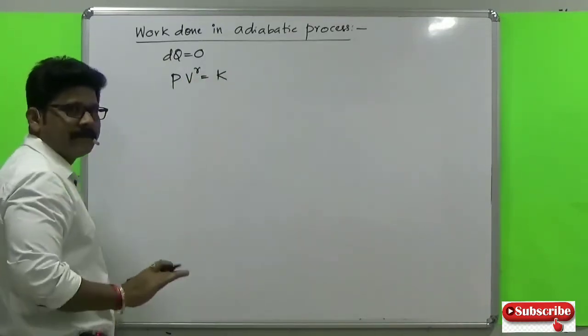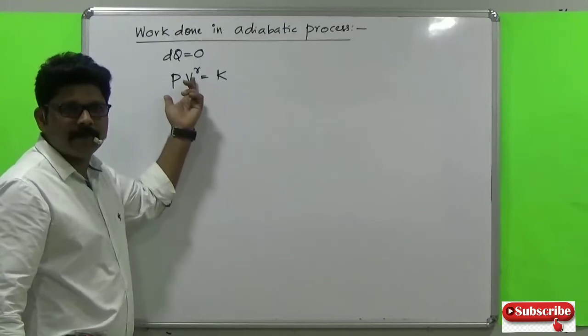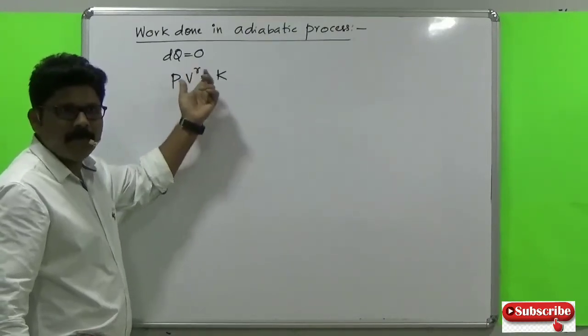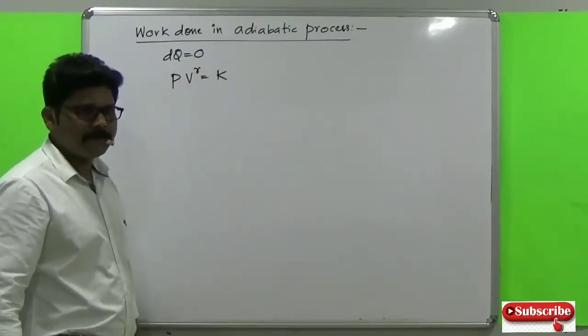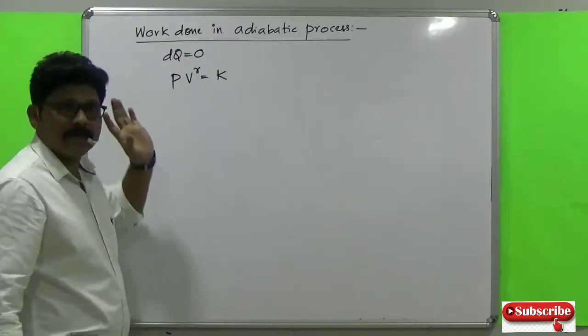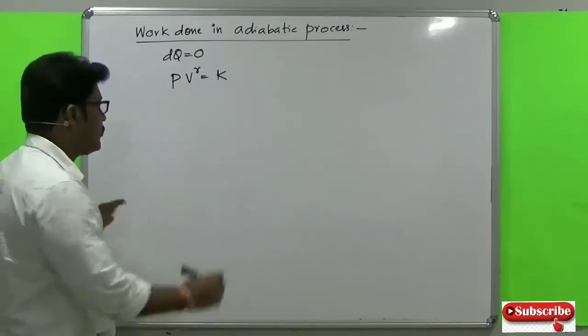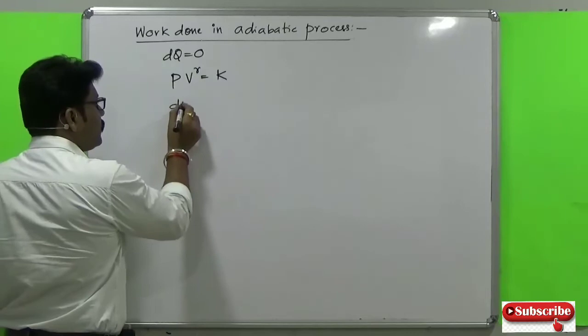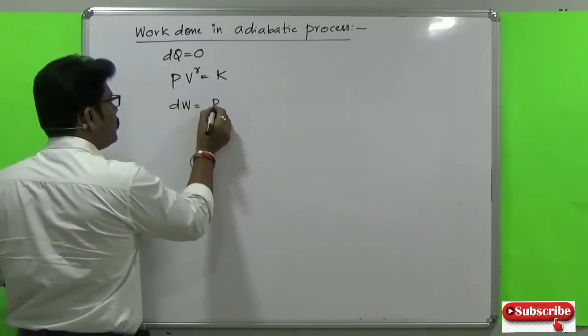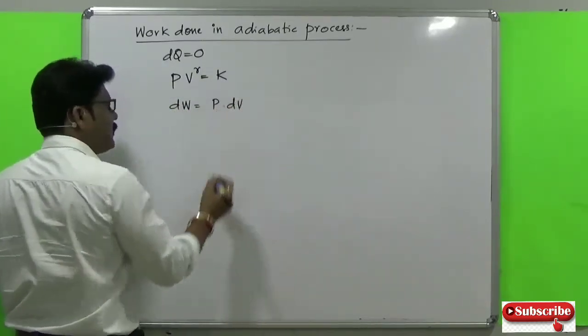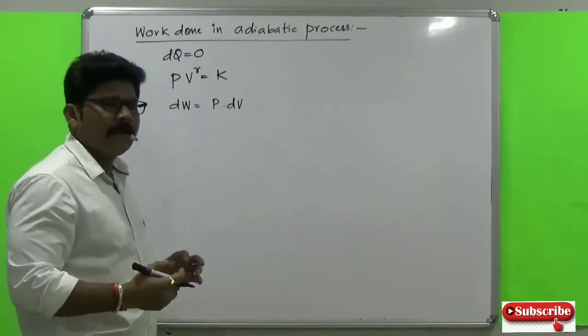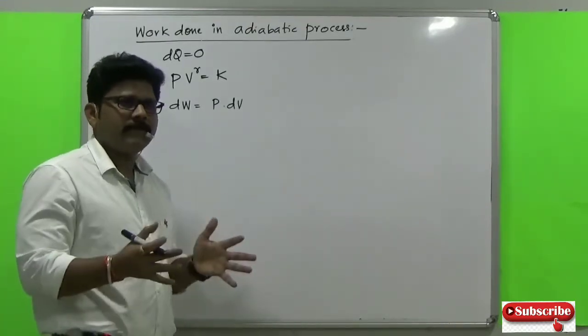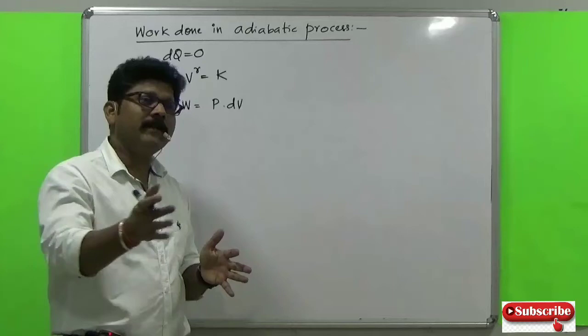We will discuss that now; the derivation is quite long. PV power gamma is equal to constant. We want work done. The formula for work done is known: dW is equal to P into dV. We take a system, and work is done by the gas.